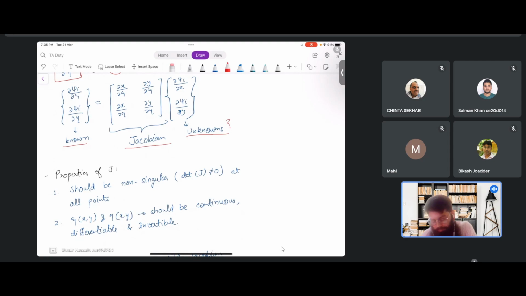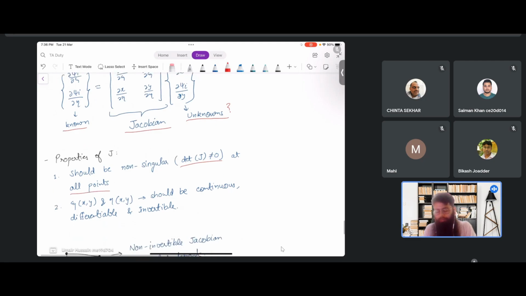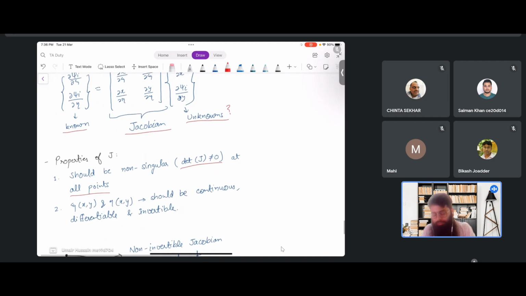Hence the important property for the element is that the Jacobian we get from that element should be non-singular, since we want to take the inverse of the matrix, right? In layman's terms, that means the determinant of the Jacobian should not be equal to zero at all points in the domain. That is important. And of course, our mapping function for zeta and eta should be continuous, differentiable, and invertible.